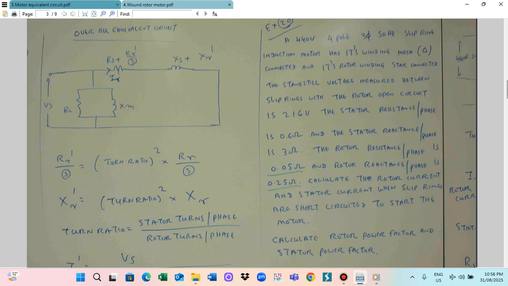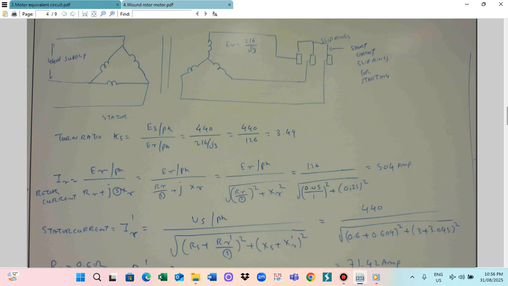So 216 volts divided by root 3 is the rotor winding voltage per phase. That will be the voltage across the slip ring. The three slip rings are connected like this.